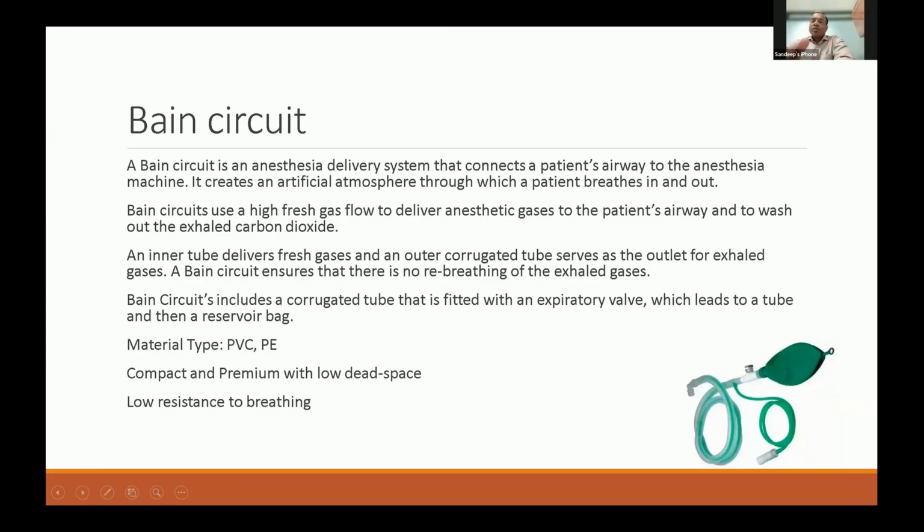The oxygen flow goes through the inside tubing to the patient, and the expiratory gases are carried back through the outside tubing. If you can see a smallish expiratory valve near your bag, all the expired gases are vented through this smallish expiratory valve to the atmospheric air. Okay, next please.